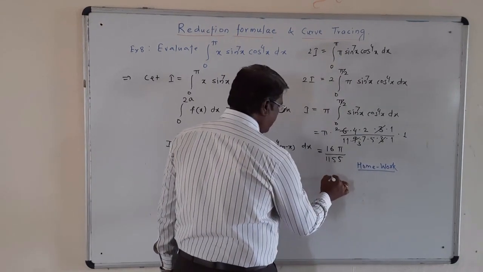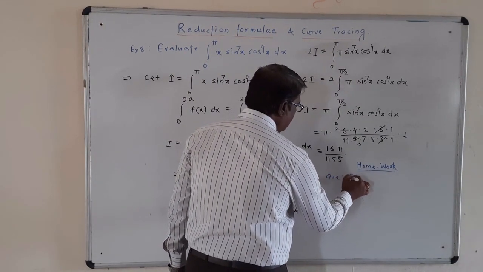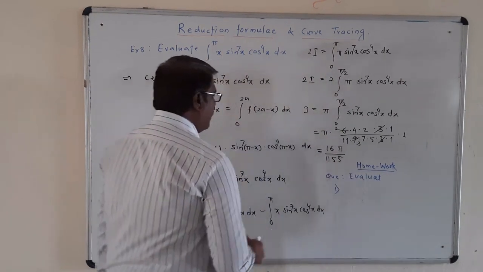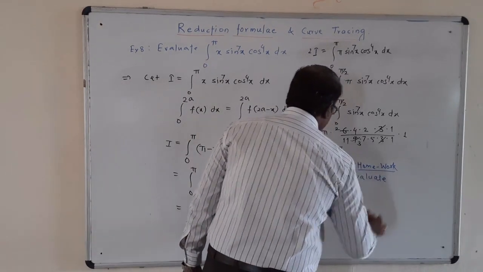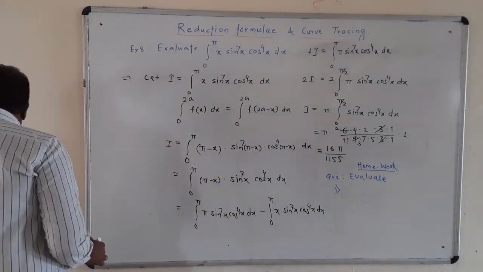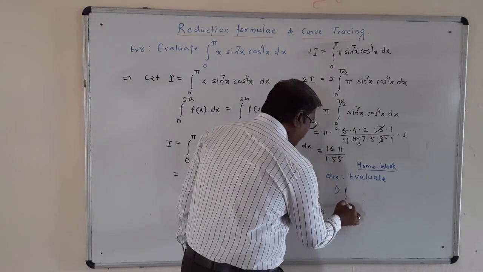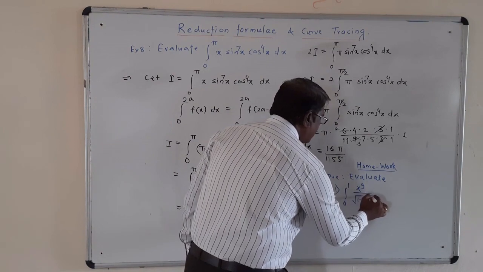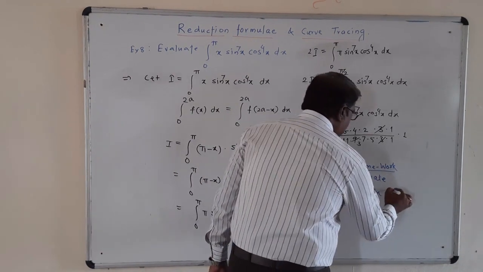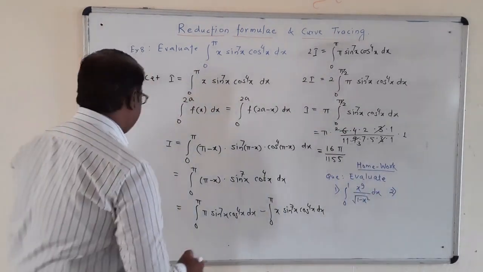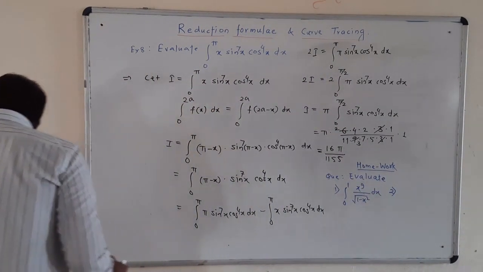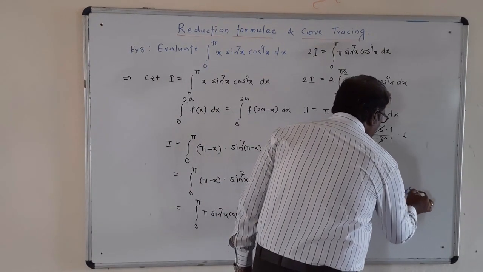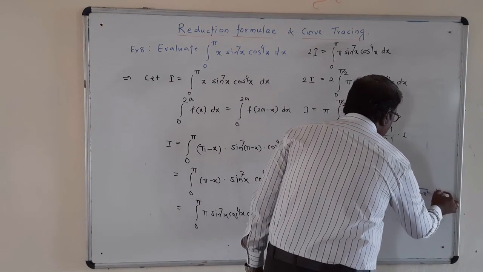The first example is: evaluate the integral from 0 to 1 of x^9 divided by root of 1 minus x square dx. Second example, evaluate the integral from 0 to 1 of x^6 into root of 1 minus x square dx.